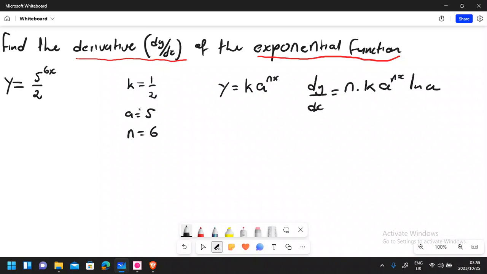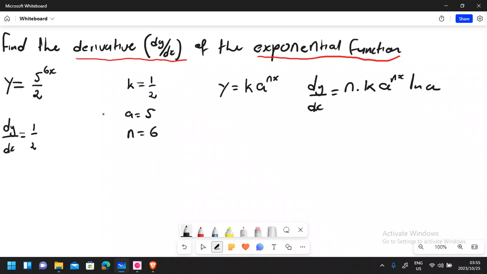So let's differentiate, guys. Let's find the derivative, right? Let's start with k. So we have 1 over 2, remember we have 1 here on the numerator, multiplying by the base.